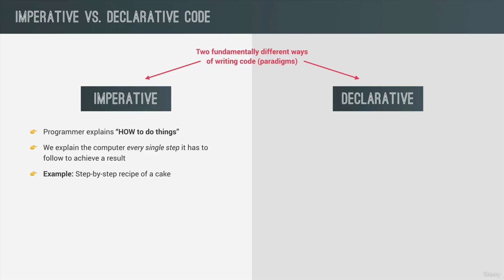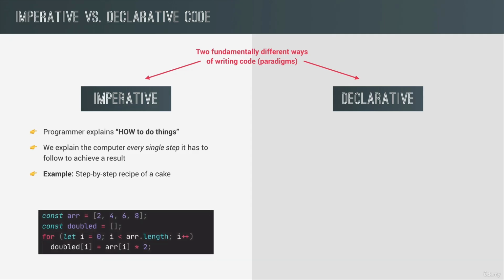And now bringing that back into code, here in this code example, we are trying to double the R array. And so this loop that I have here is a purely imperative way of writing that.